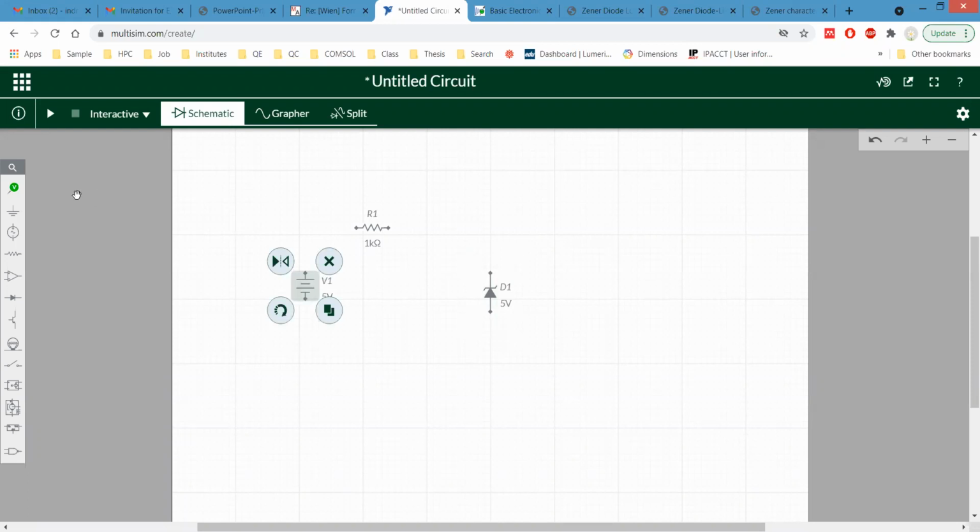And we need meters, right? Two meters. Okay, let's draw the circuit first.